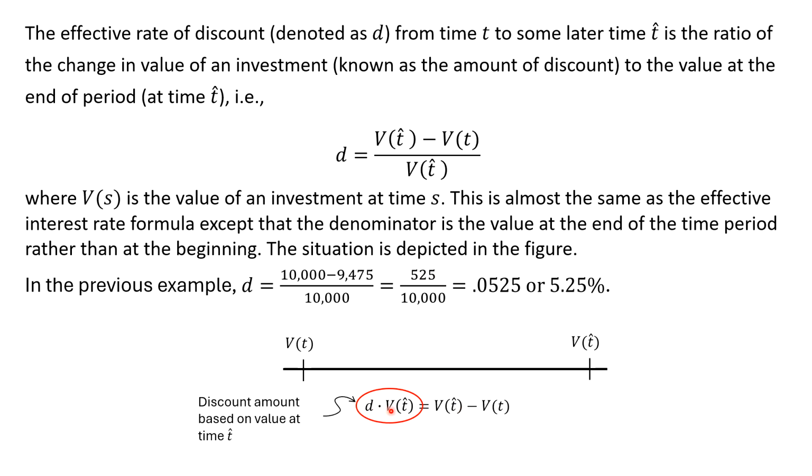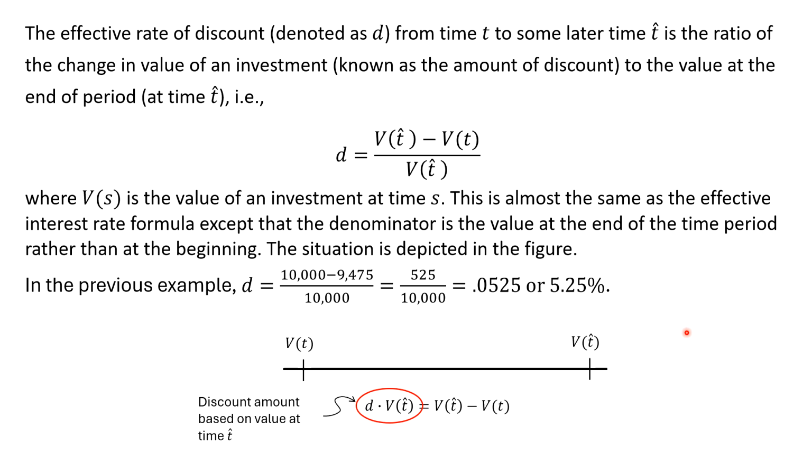And then the effective rate of discount, I should say, D, is just the number we need to multiply times 10,000 in order to get this difference here. So you get that by this formula here.